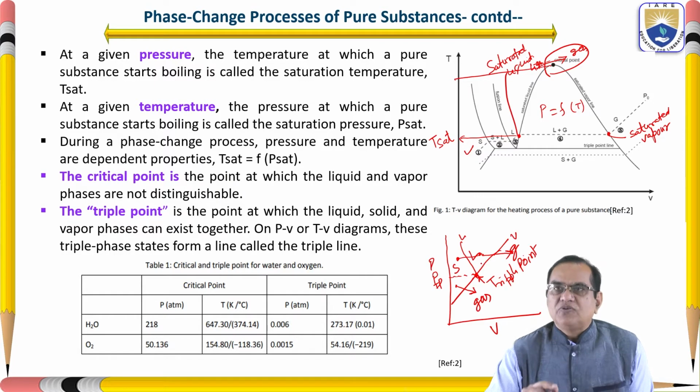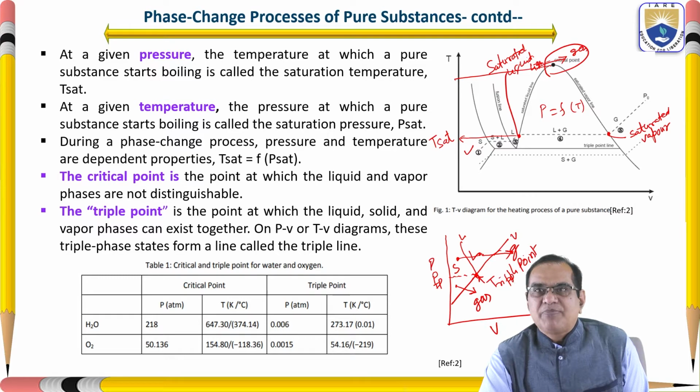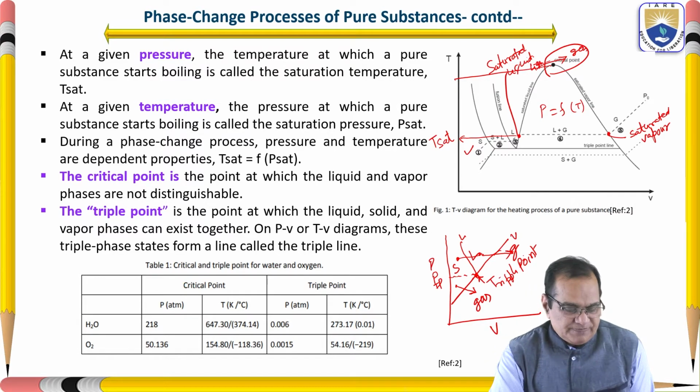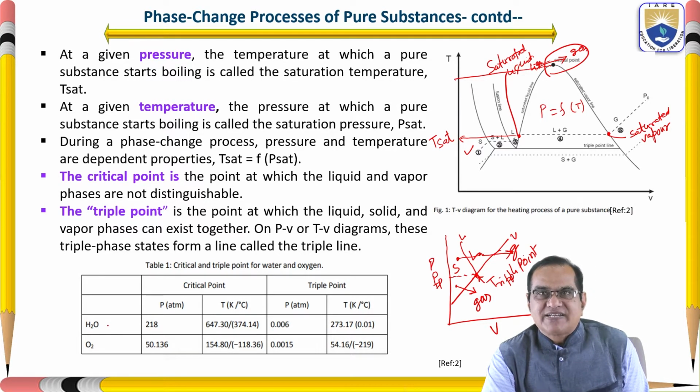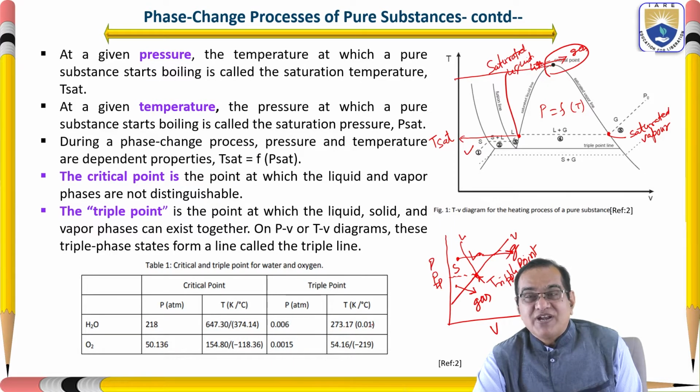Here I have given a table of the critical and triple points of water and oxygen. If you see water, the critical pressure is 218 atmospheres, the critical temperature is 643.30, and the triple point has a very low pressure, 0.006 atmosphere, and 273.17 K, which means 0.01 degree centigrade.